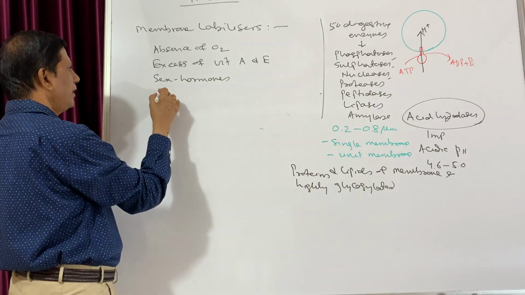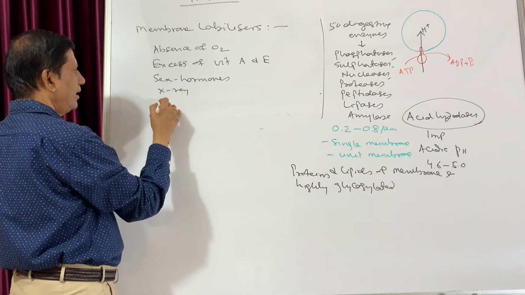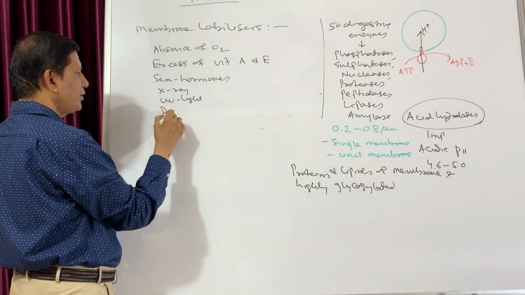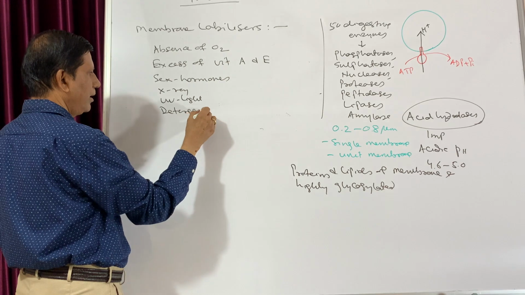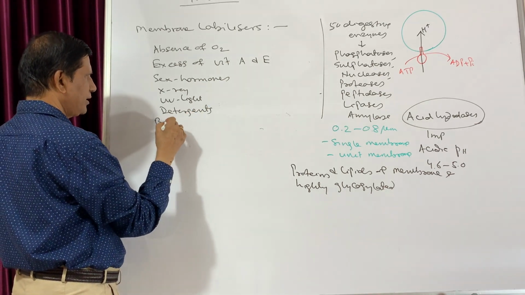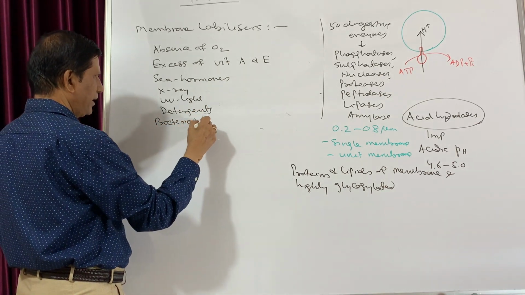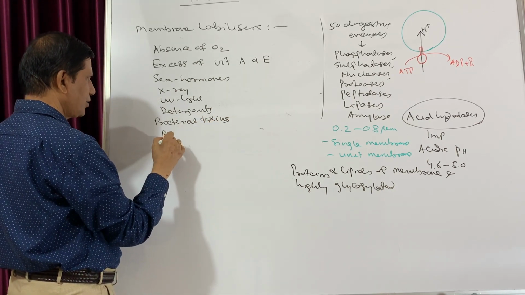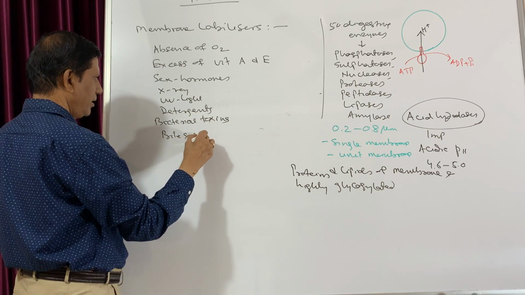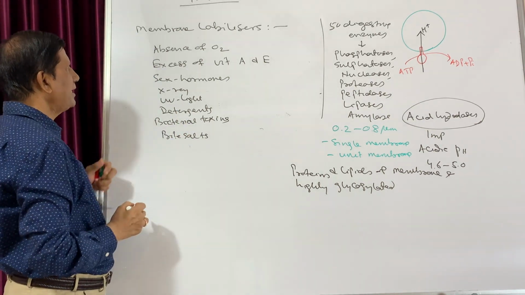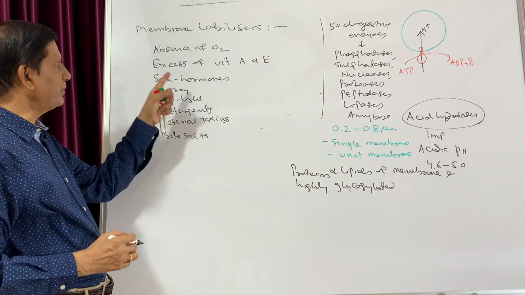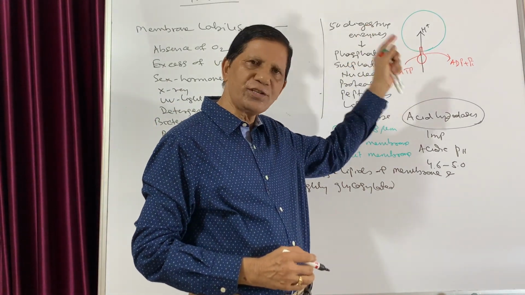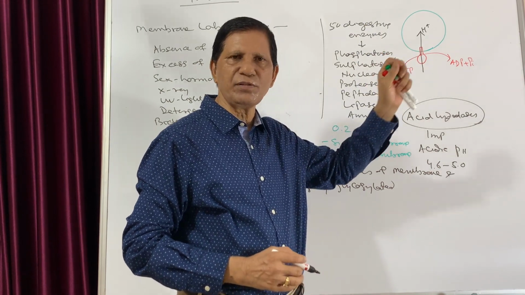In addition to that, also X-ray, then UV light, then detergents, then bacterial toxins, then bile salts. So these are known as membrane labilizers. That means if these are present, then the membrane will be labilized, it will become fragile, and the enzymes will come out.